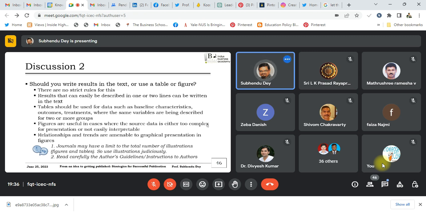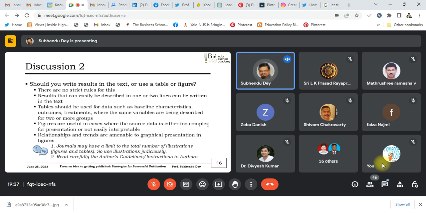Now, these are things which you don't do normally as a new researcher. As you go along, experienced people, and I'm sure there are quite a few experienced colleagues here, when you pick up a journal, when you are to submit, you thoroughly read the author's guidelines or the instructions to authors. But younger researchers do not do that.